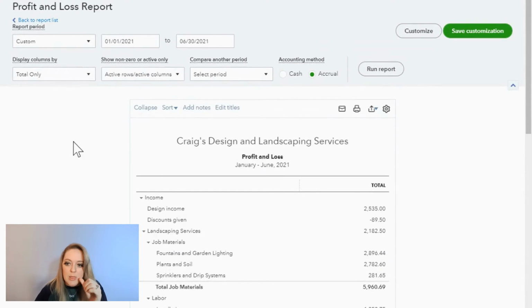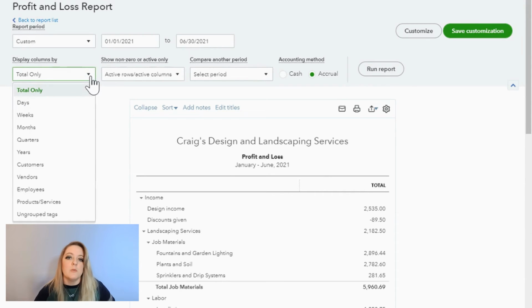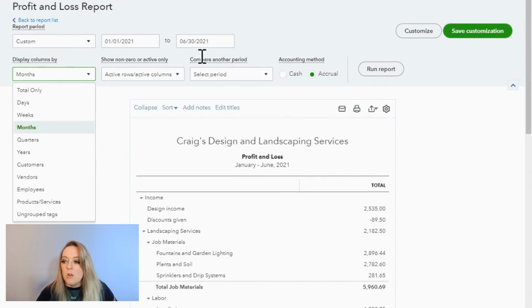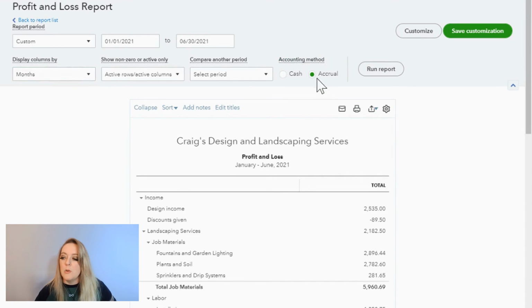Now I want to talk to you a little bit about comparisons, because that's really where reading the financial reports makes a difference. You can get some information out of your financial reports when you do comparisons. For our purposes, I'm going to display our columns by months, and we're going to do it again on an accrual basis.